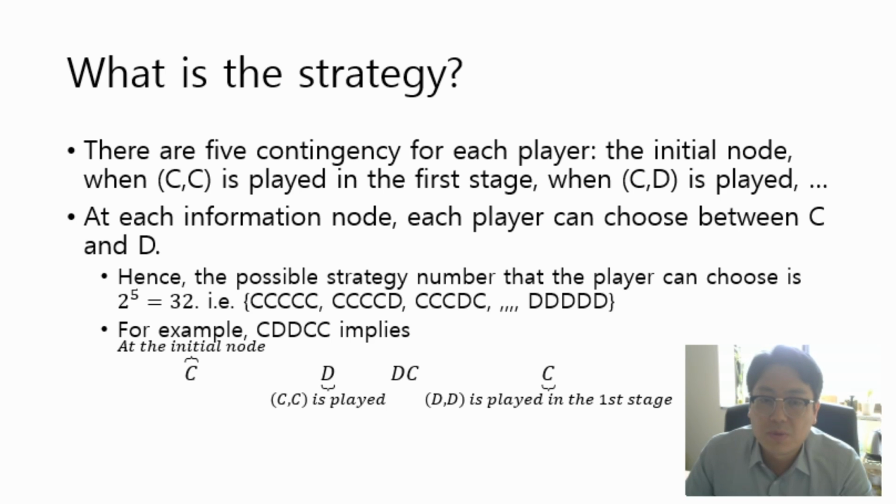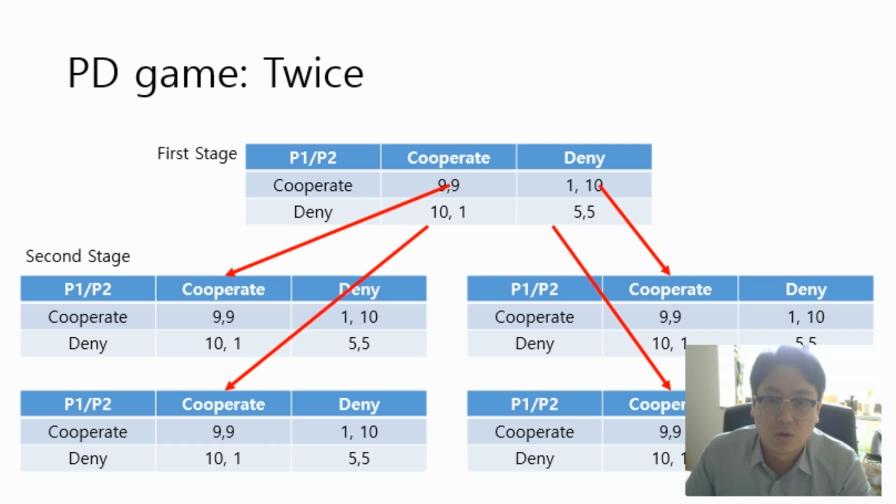Okay, so the number of possible strategies that each player can have is 2 to the 5, that is 32 combinations. It comprises CCCCC, CCCCD, CCCDC, something like that, up to DDDDD. There are 32 different kinds of strategy that each player can choose. Okay?